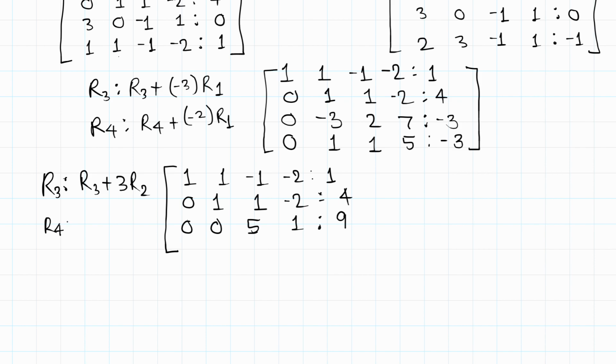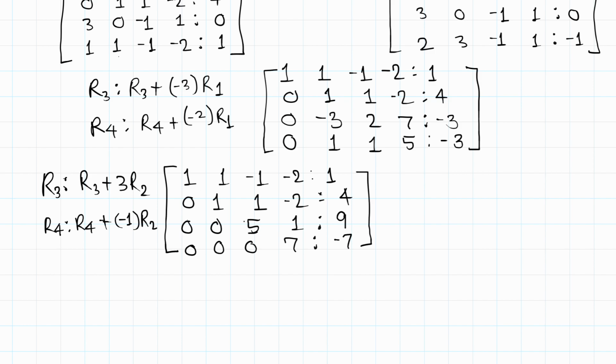So R4 plus negative 1 times R2. Okay, so 0, 0, 1 plus negative 1 is 0. That was by design. 1 plus negative 1, this is also 0. 5 plus 2, 7. Negative 3 plus negative 1 times negative 4... negative 3 plus negative 4, negative 7.